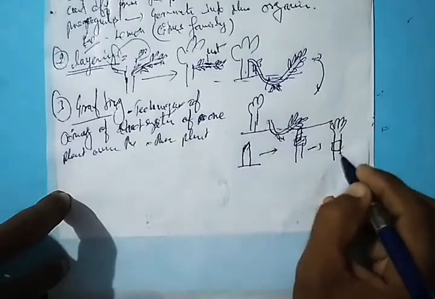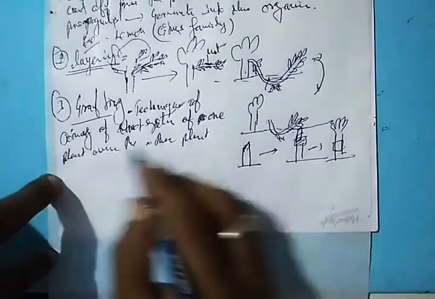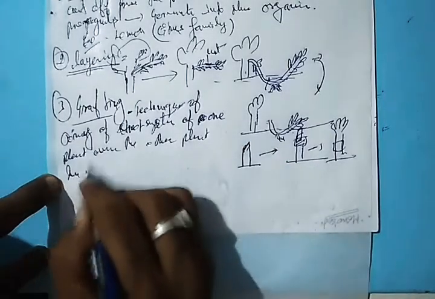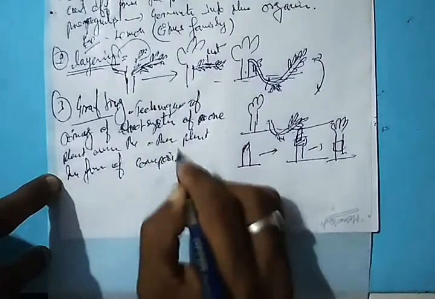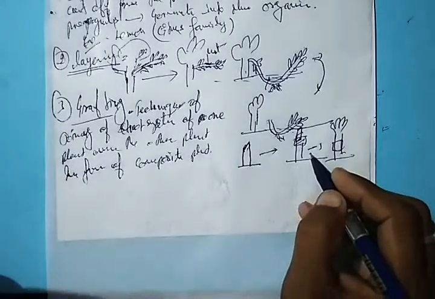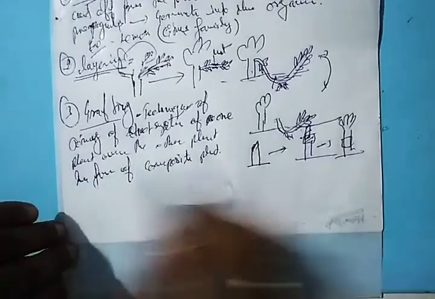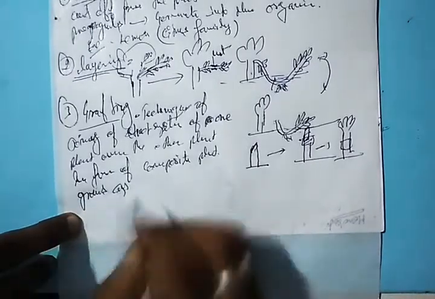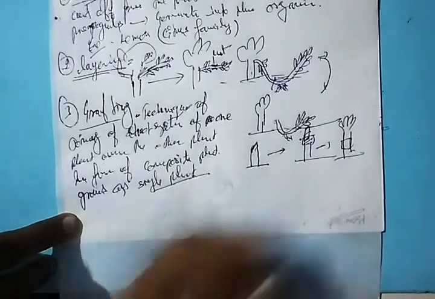Okay, a plant over a plant in the form of a composite plant, and that grows as a single plant and carries the characters of both plants.